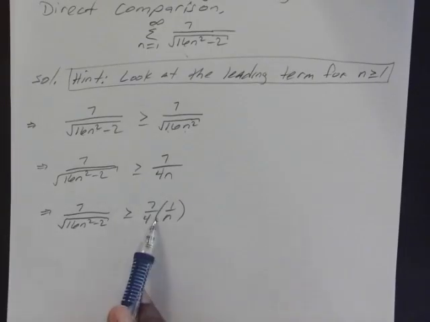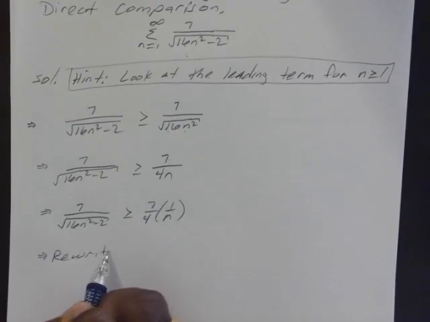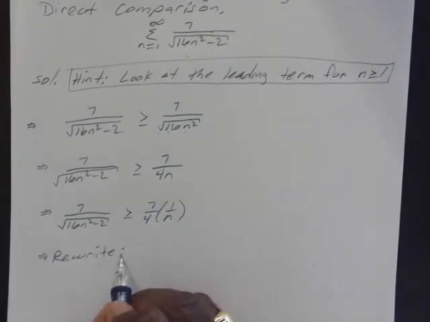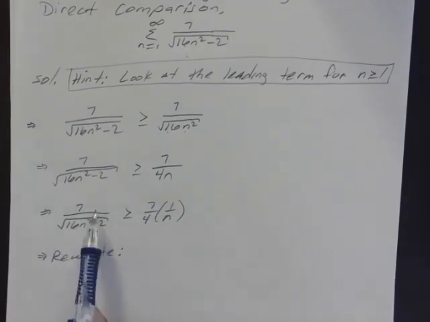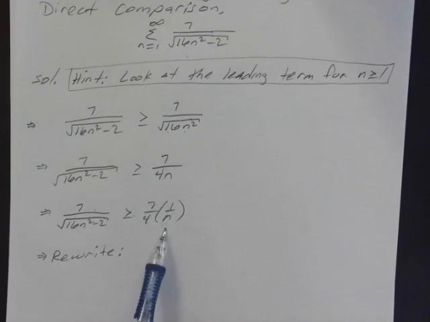So since 7 divided by the square root of 16n squared minus 2 is greater than 7 over 4 times 1 over n, that means 7 over 4 times 1 over n is less than this one.